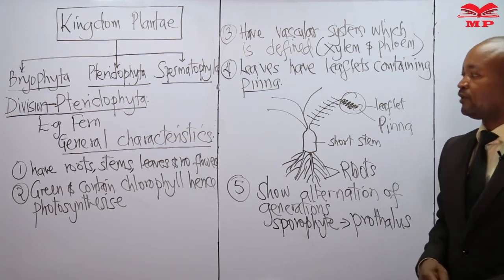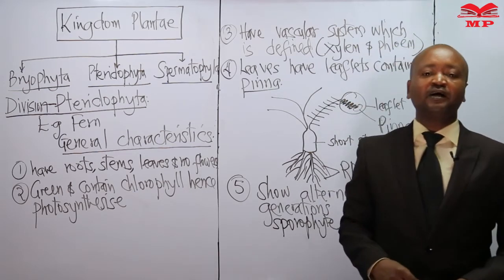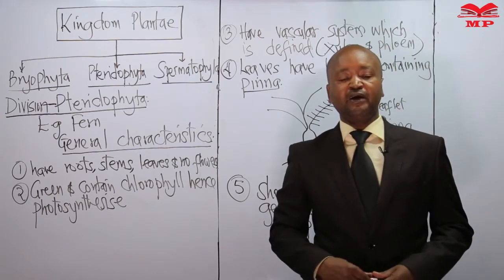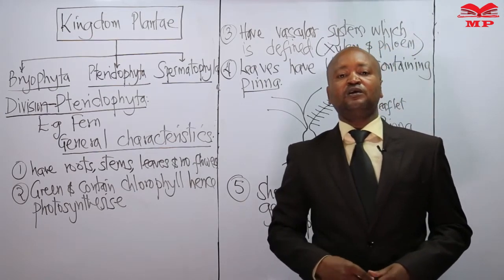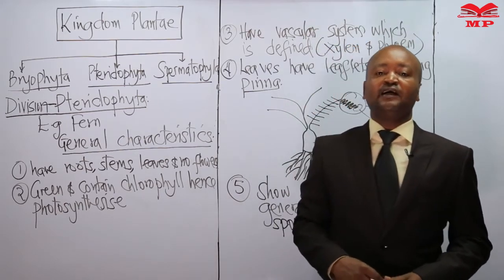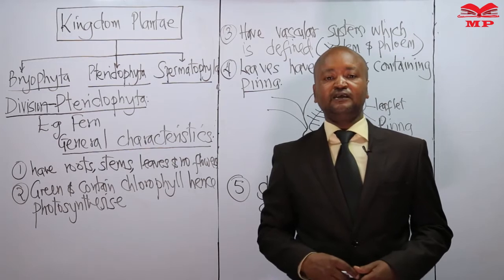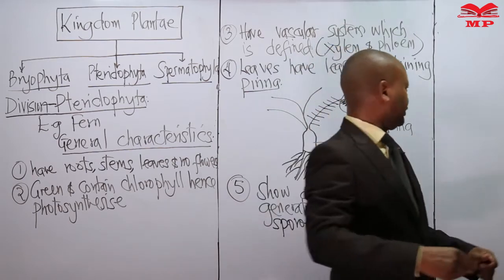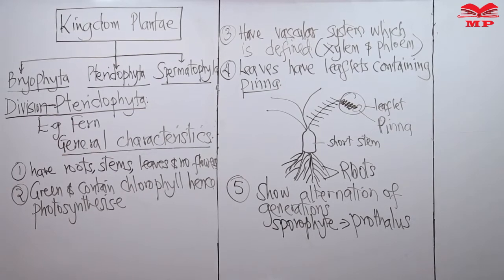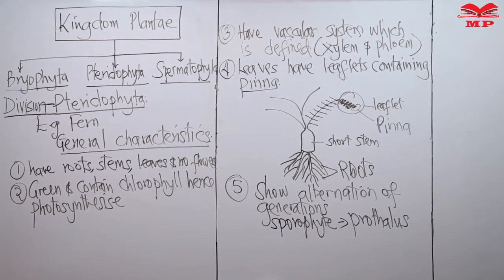And just like the bryophyte, where we had the female part and the male part, the female part is known as the archegonia, and the male part is known as the antheridia.